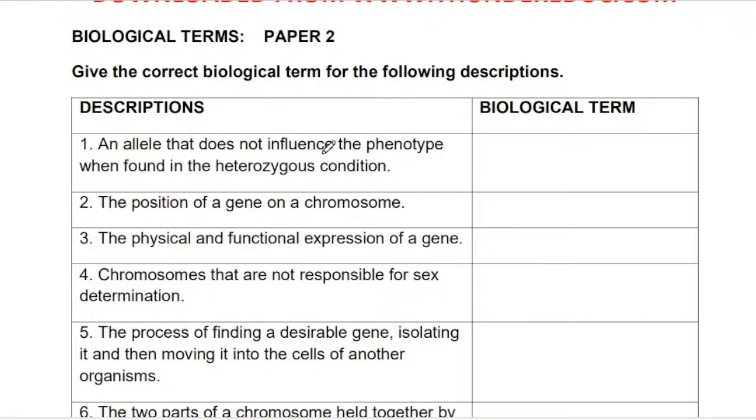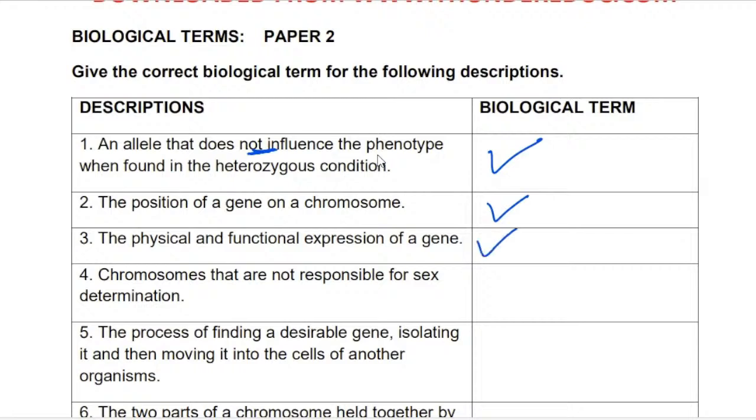The allele that does not influence the phenotype when found in heterozygous state. So this allele does not influence, so it means that it is a recessive allele. The position of a gene on a chromosome, we call it a locus. The physical and the functional expression of a gene, we call it phenotype.